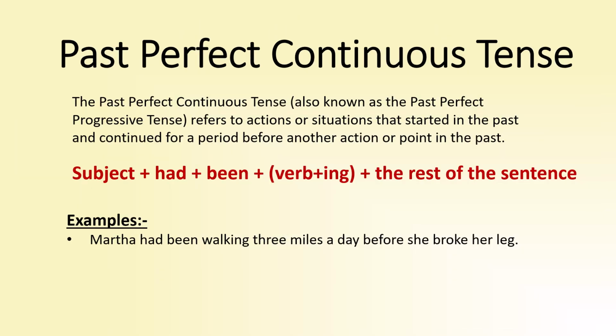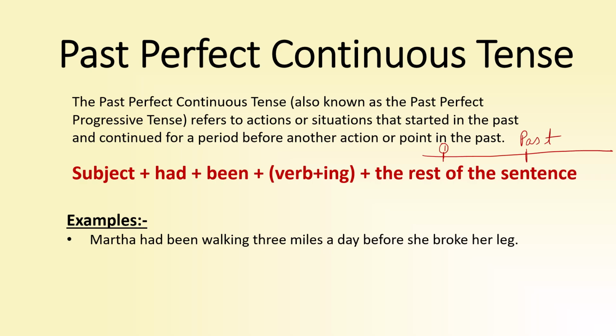Now, past perfect continuous tenses. The past perfect continuous tenses are used to refer to situations or actions that started in the past and continued for a period before another action or point in the past. If I see the timeline, here it is the past.